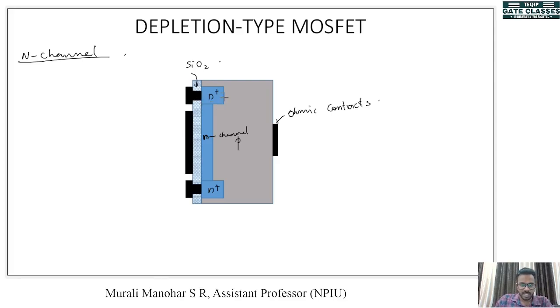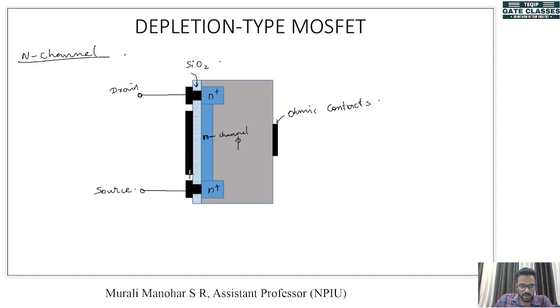Now this N plus layer is connected to an ohmic contact, which is basically a metal. And here we can take a lead out. Now this will be the drain. This N plus layer is also connected to a metallic contact. Here also we can take a lead out, and this is the source.